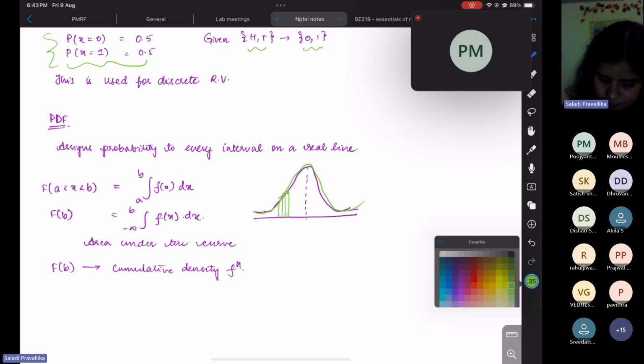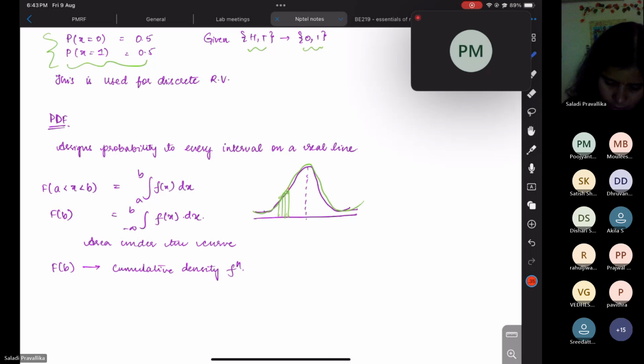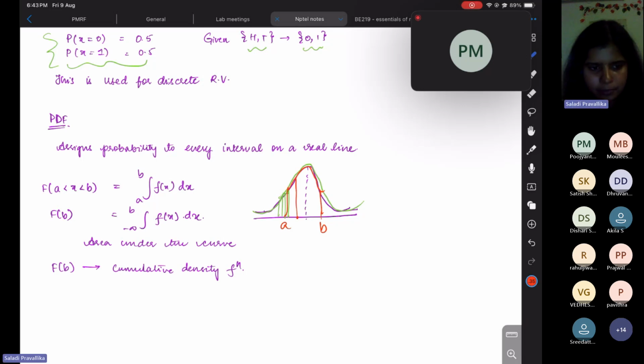For example, let us call this A and this B. If I want to know the probability of some value falling in between A and B, in this interval, what is the probability?